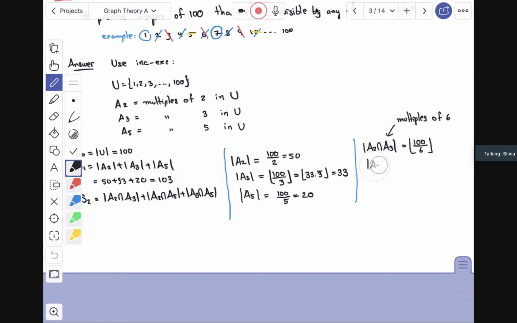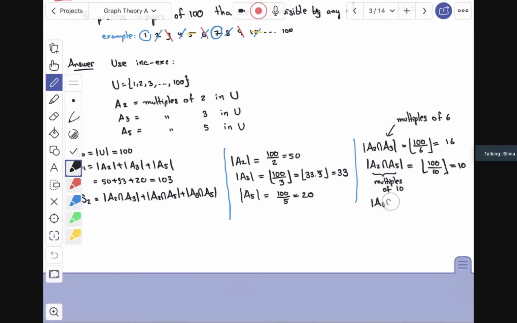And for A2 intersection A5, that's multiples of 10, which is 10.